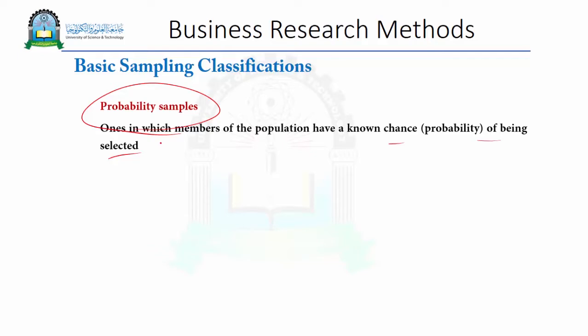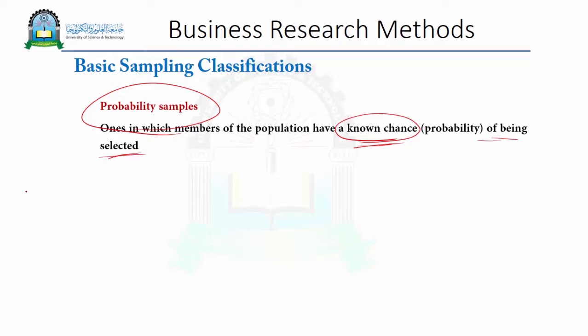One of them is for quantitative research data collection and the other is for qualitative. So for probability, the chance is known, and the chance is also equal.